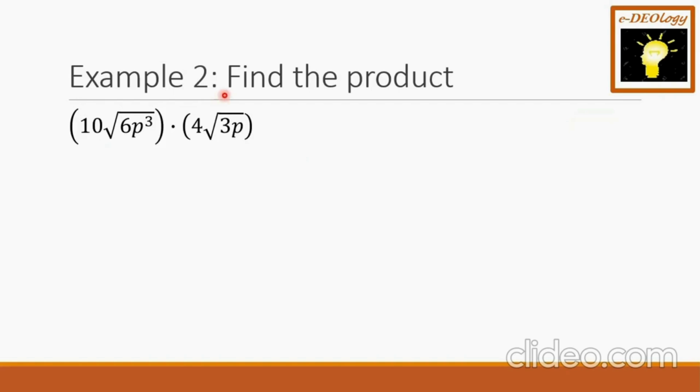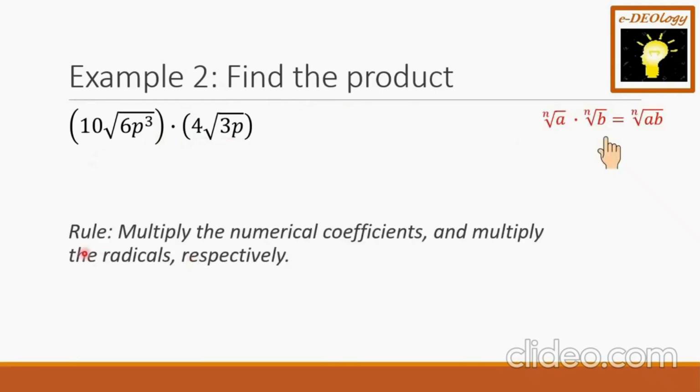Let's have example 2. Let us find the product of the first term 10 square root of 6 p cubed times 4 square root of 3p. I put the formula here on this side, and there is a rule. We will multiply the numerical coefficients and multiply the radicals respectively.